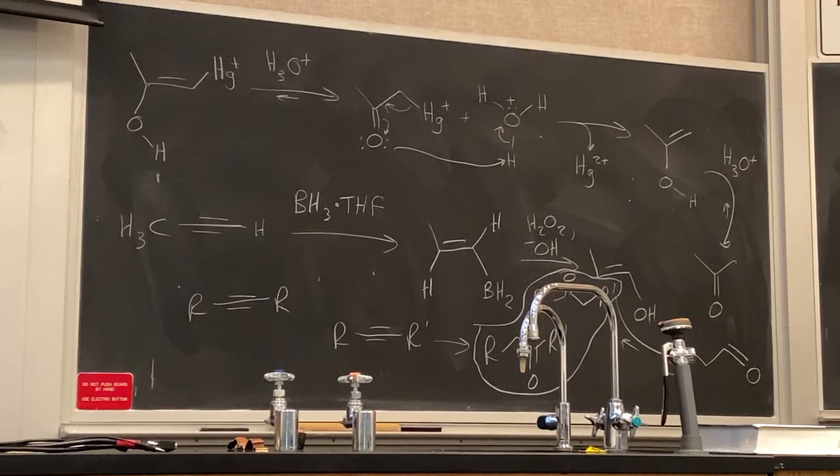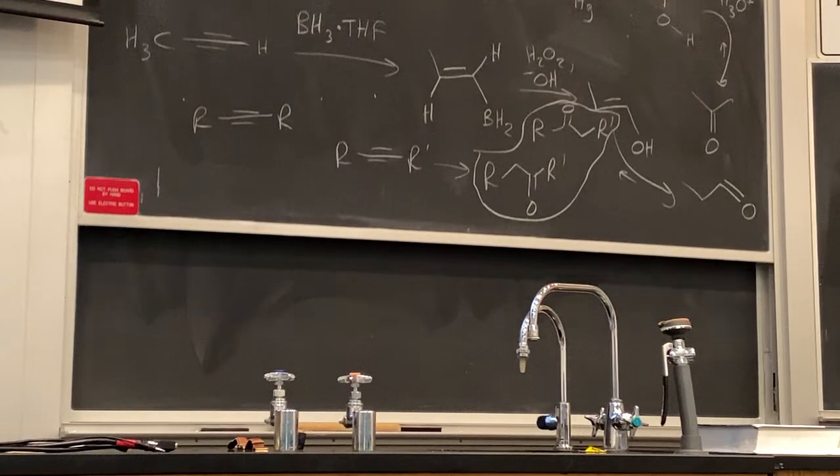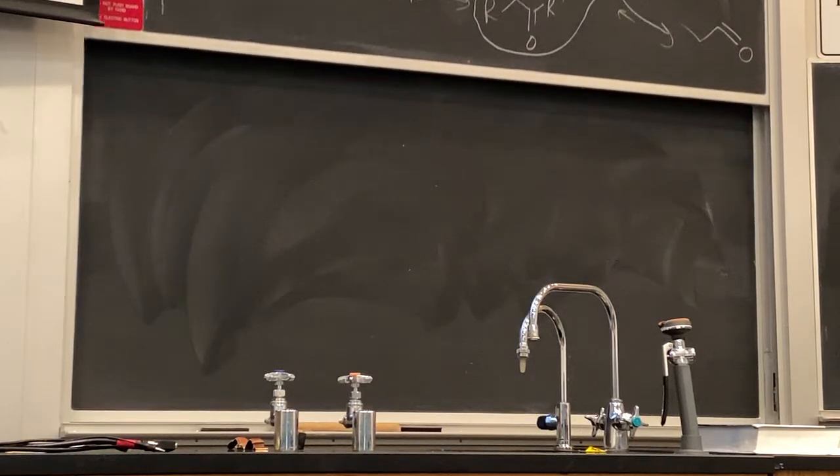So we're going to get a single product regardless of what type of alkyne we use. Okay? Any questions about that point? So these reactions are best with terminal alkynes and symmetrical internal alkynes. All right. So let's talk about acetylide ions.